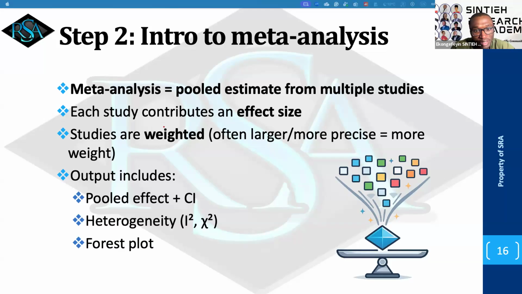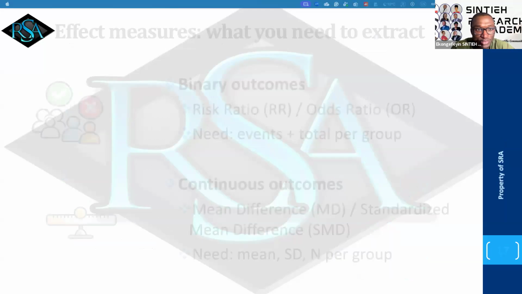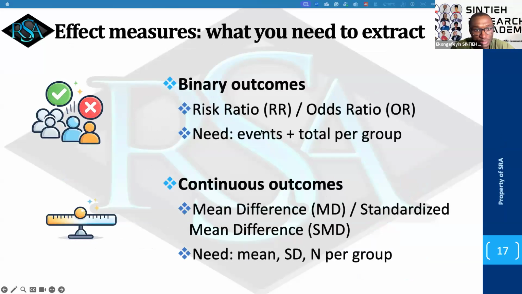So that's what a meta-analysis is. And if you would have heard, I've said a lot about effect measures. So this is what effect measures are. In lecture zero, we spoke about study designs and what they measure. If you've forgotten, go and visit the lectures again.